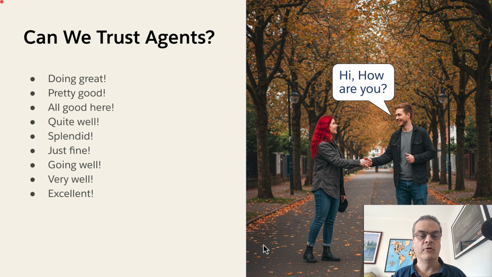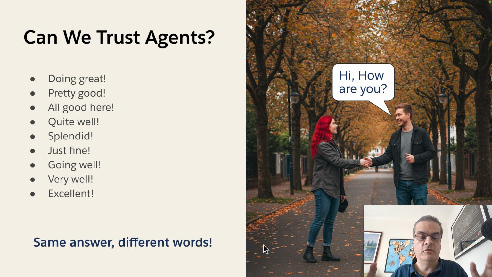All good here. Quite well, splendid, just fine, going well, very well, excellent." Same answer. She's doing okay. She's doing good. But the words are different. So there's some non-deterministic going on here. She's not going to run away and call the police and punch him or whatever. She's going to reply. What are the words that she's going to use when replying? Well, that part is non-deterministic.